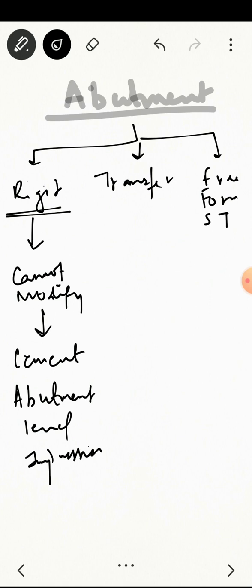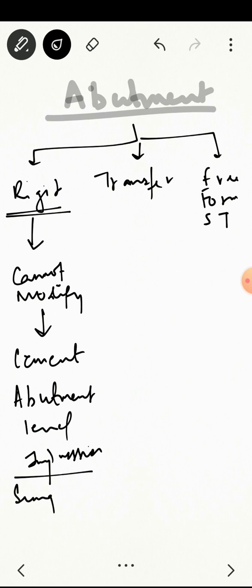Once you get the impression, you fix the impression coping with the lab analog onto the impression and send it to the lab. You will get a crown which you cement over the rigid abutment using a cement. So that is the rigid abutment, and it is mainly used for single implant cases or bridge cases.